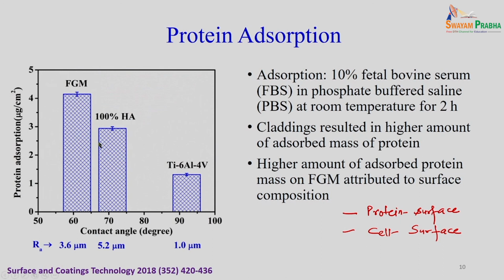due to the increase in the surface roughness as well as due to the change in the surface chemistry. Again, in the protein adsorption what we are seeing is the effect of roughness as well as the surface chemistry. Roughness and surface chemistry both are playing an important role here.